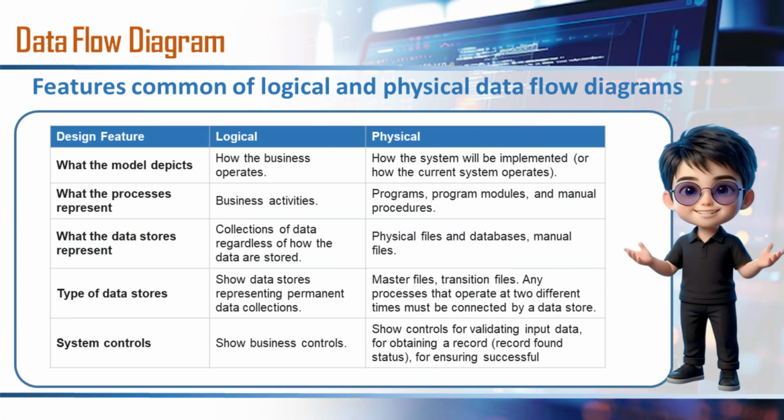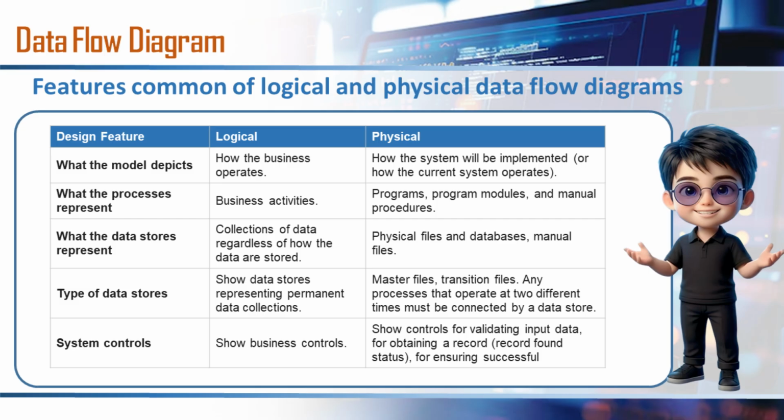The common features of logical and physical data flow diagrams, DFDs, can be understood by comparing what each model represents. A logical DFD shows how the business operates, with processes representing business activities and data stores representing collections of data, regardless of how the data is physically stored.